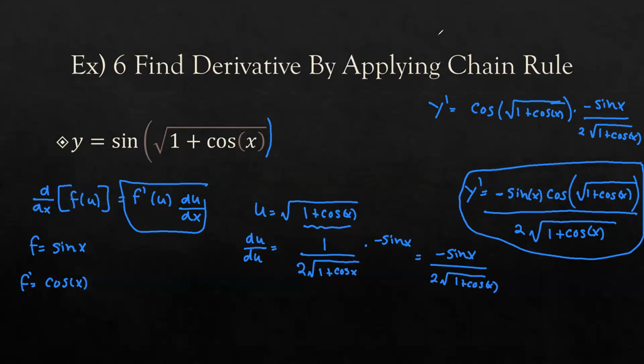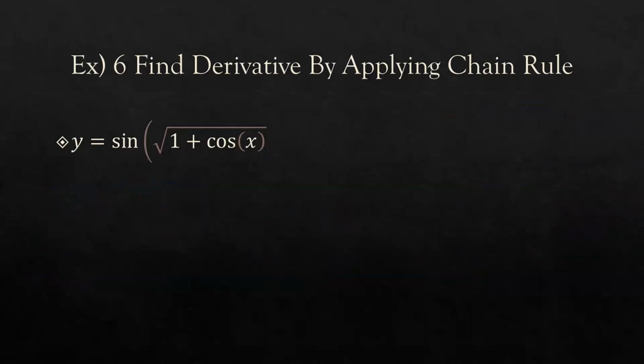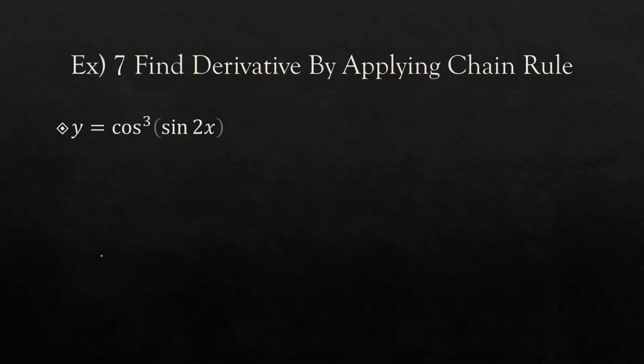Okay, let's move on to the next example. So here's example 7, and this is the last one. It says find the derivative by the chain rule.